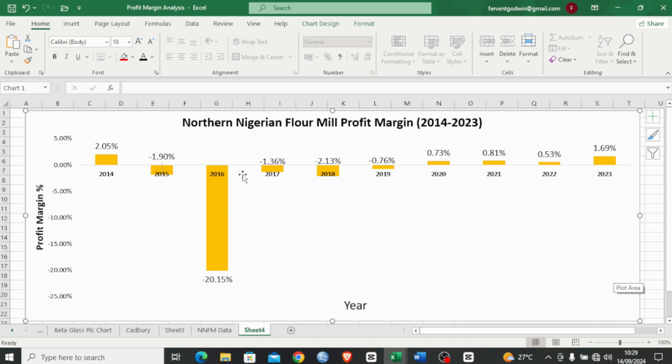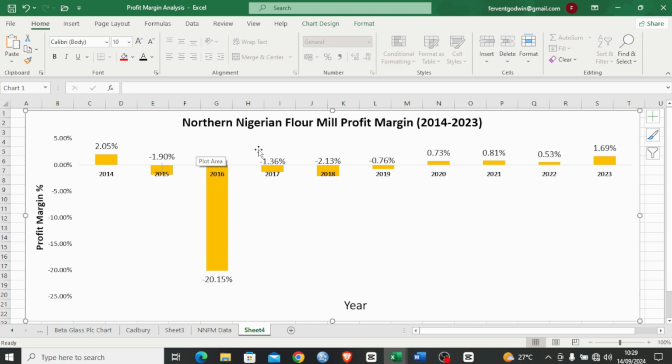All right, so today we will be looking at the Northern Nigerian flour mill. That may sound familiar. We have the famous Flour Mills of Nigeria, and then we have the Northern Nigeria flour mill.